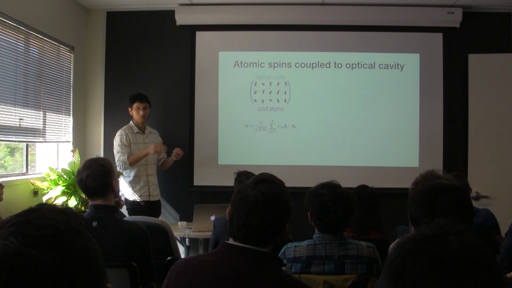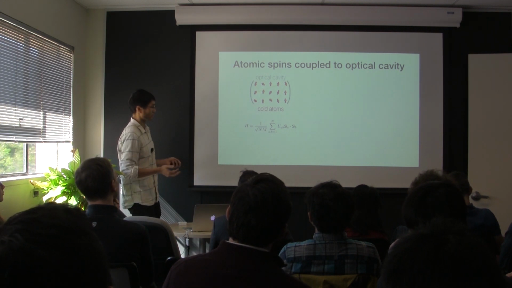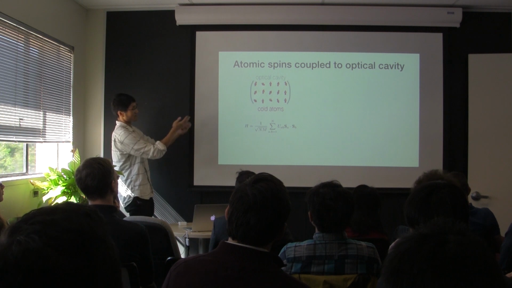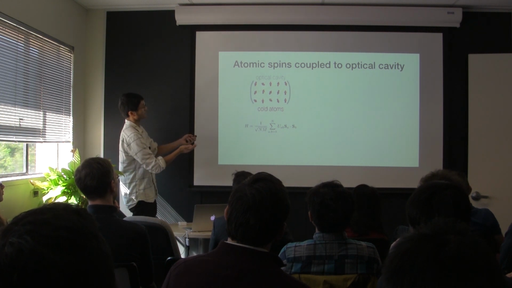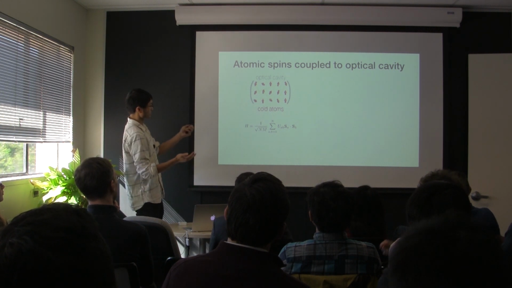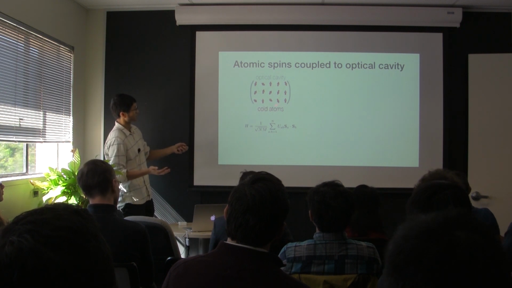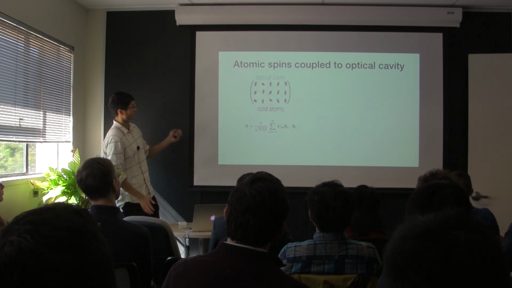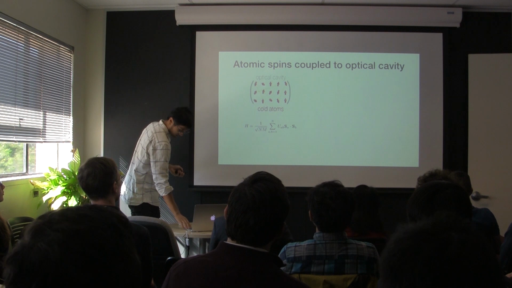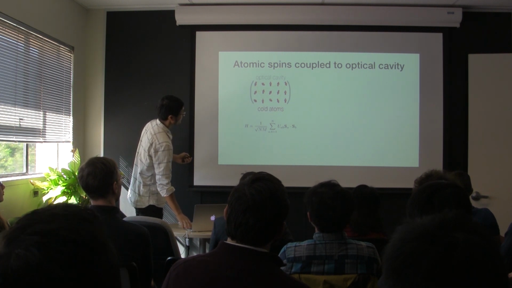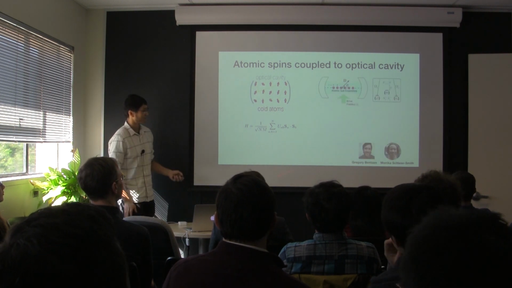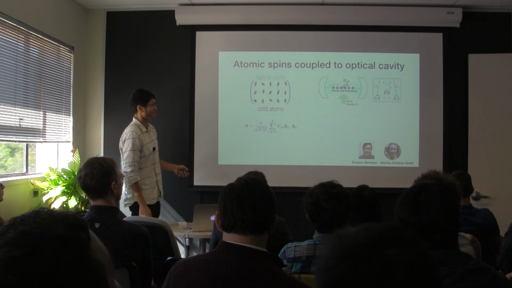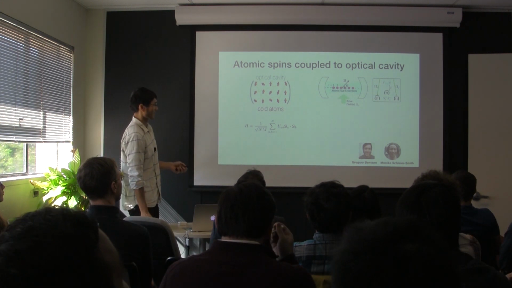So we have realized all-to-all interactions, crucial for fast scrambling. Here is a cartoon picture: you have cold atoms in an optical cavity, and they have interactions mediated by the photon mode.